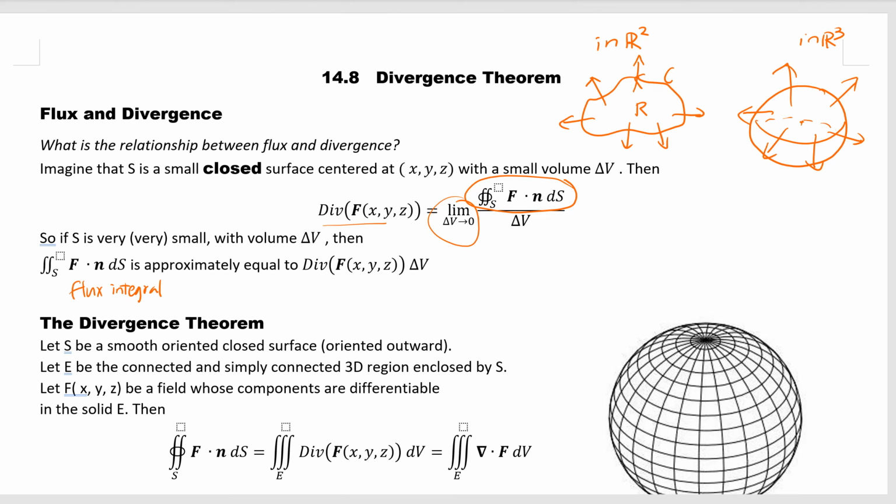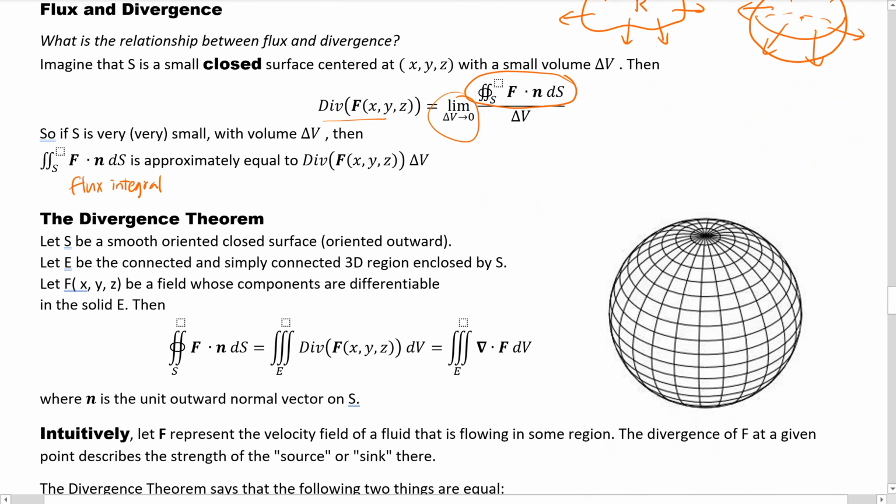So here we have the divergence theorem. Let S be a smooth oriented surface, and let's say the orientation is outwards, okay? Because it's a closed surface, there are only two orientations, either outwards or inwards. Let E be a connected and simply connected 3D region enclosed by S. Simply connected means no holes. So it's inside, it's like a solid.